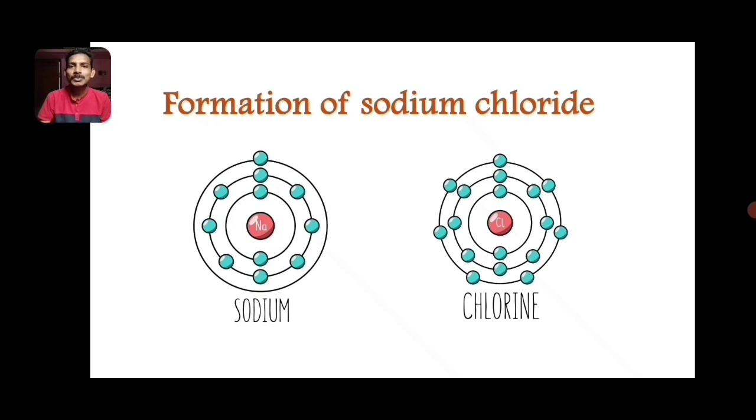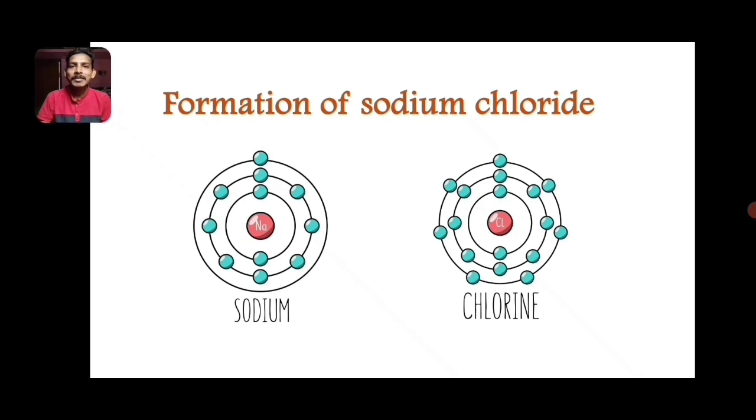It is 2, 8, 1. What about chlorine atom? Very good. 2, 8, 7. How many electrons are present in the outermost shell of sodium atom? Good. It is 1. Then what about chlorine atom? Correct. There are 7 electrons present in the outermost shell of chlorine atom.